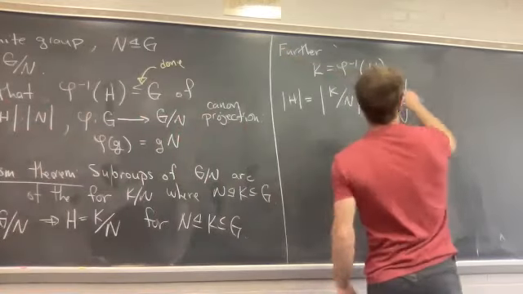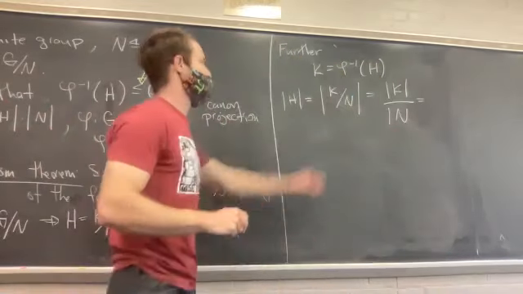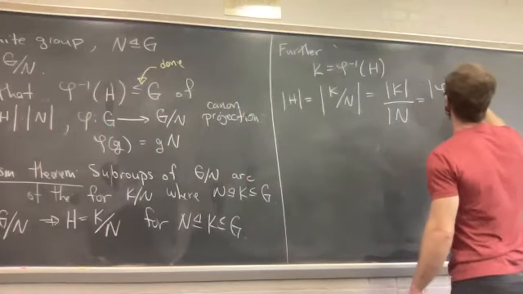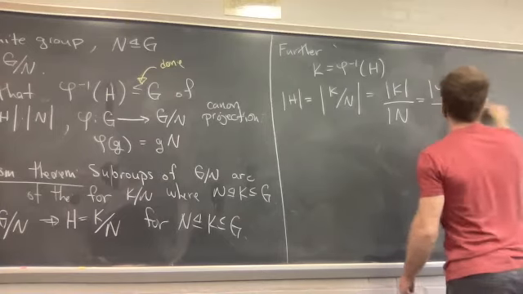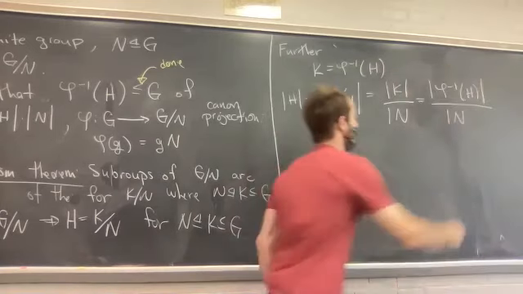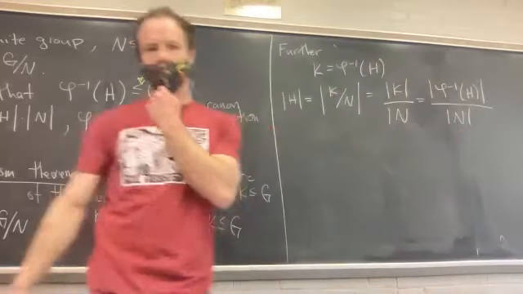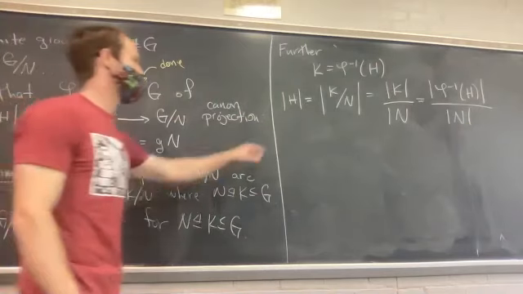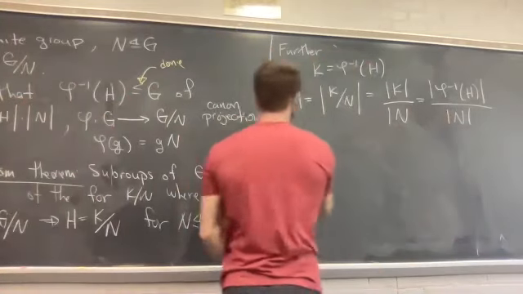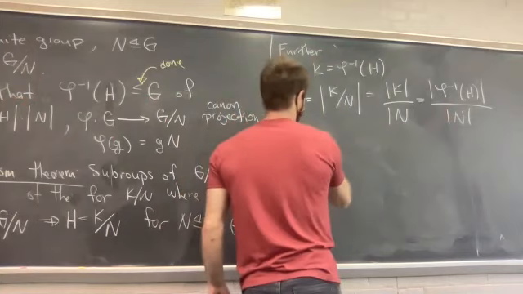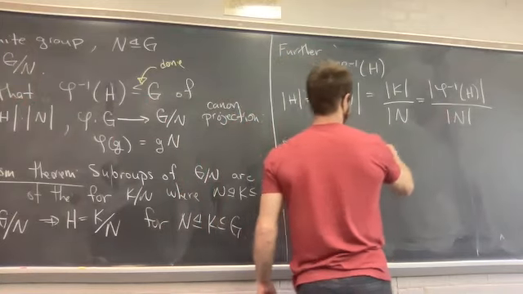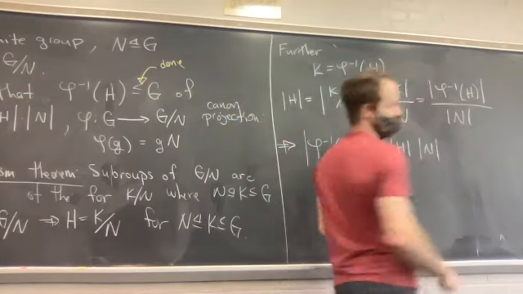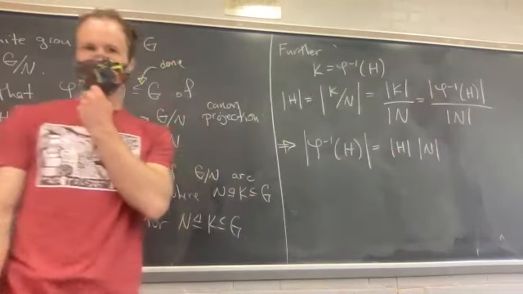But like we said, which follows from the third isomorphism theorem, K is the inverse image of H. So this is the size of the inverse image of H over the size of N. And now we can just multiply both sides by the size of N, and we get the size of the inverse image of H is equal to the size of H times the size of N, which is what we wanted to show.